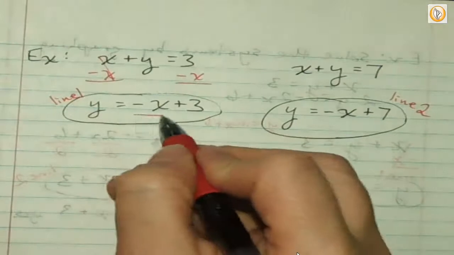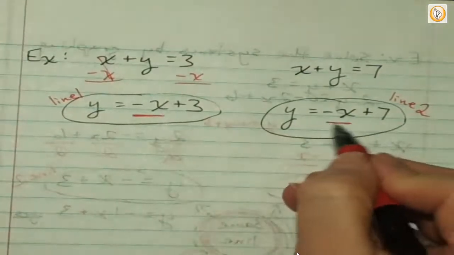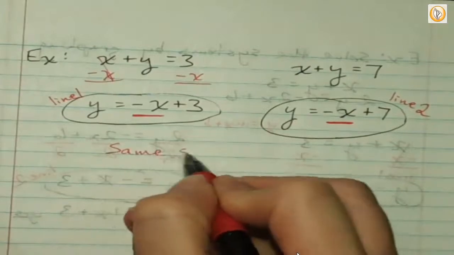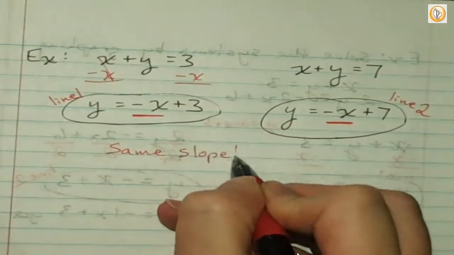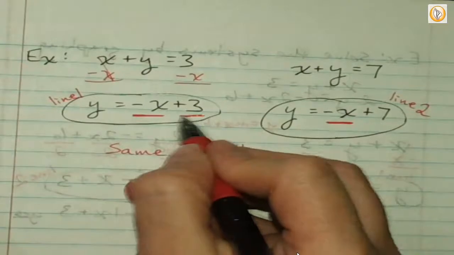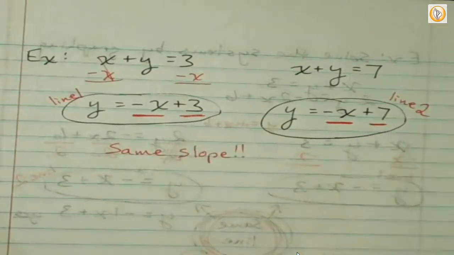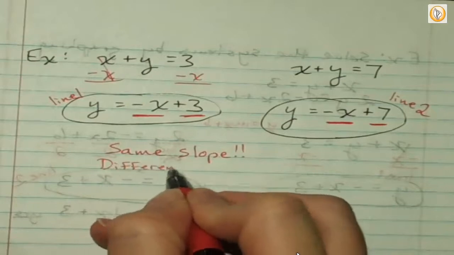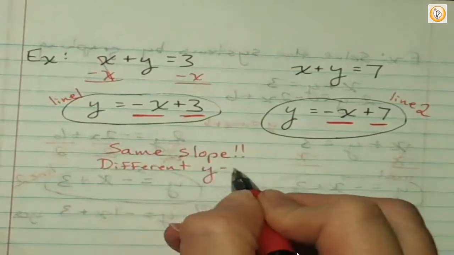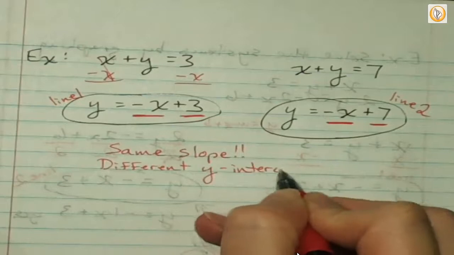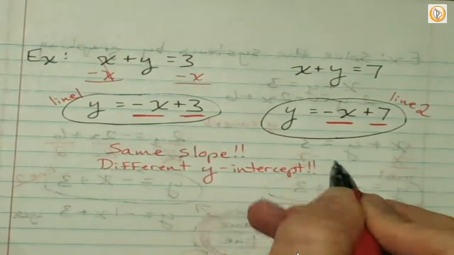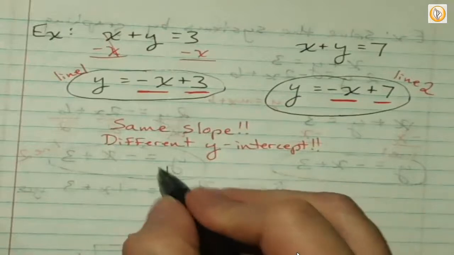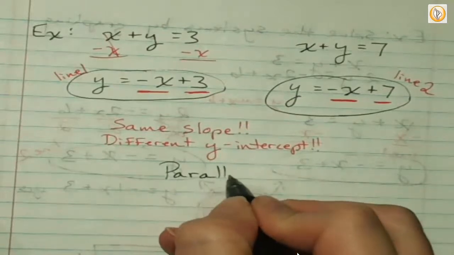Notice, same slope, different y-intercept. So these are parallel lines.